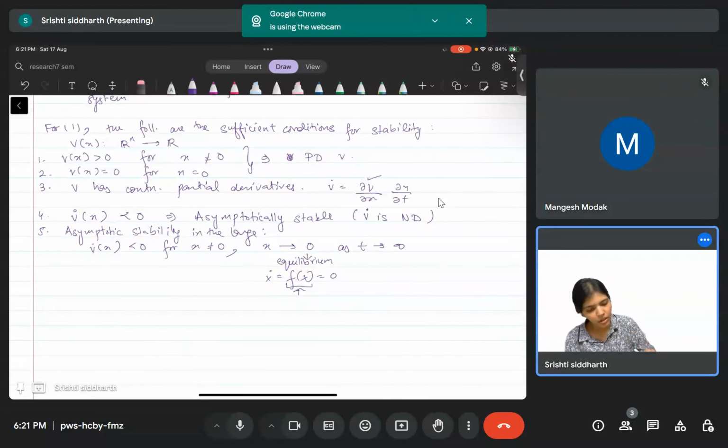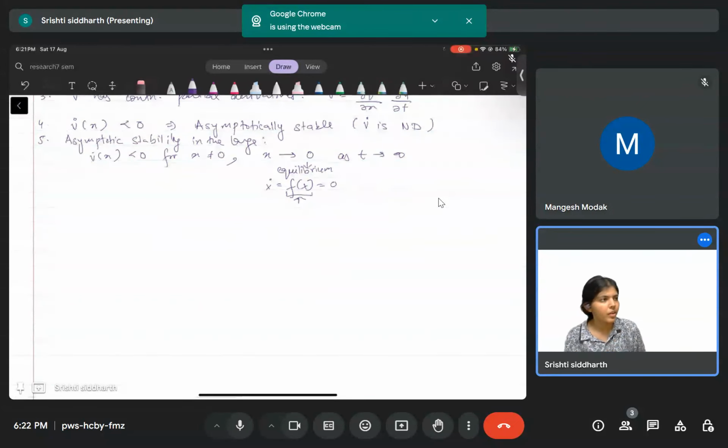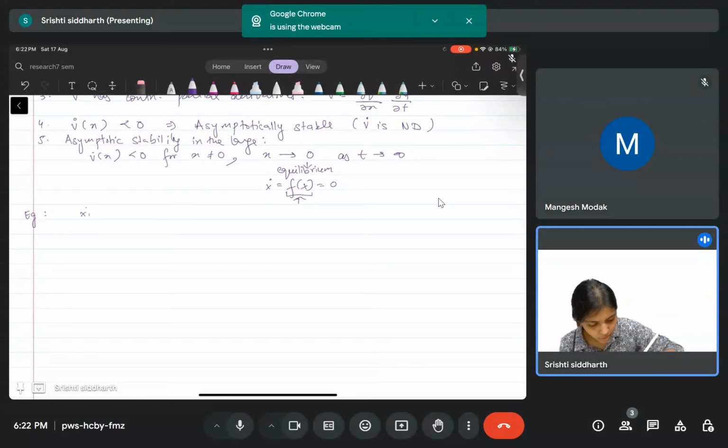Here's an example. It has two states x1 and x2.